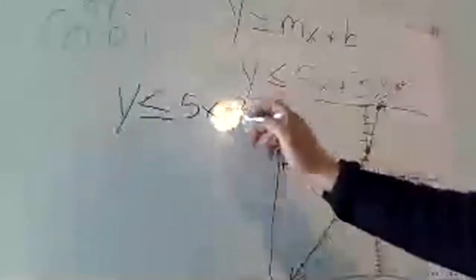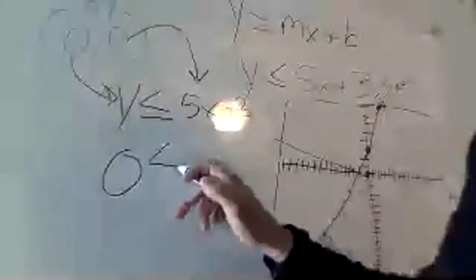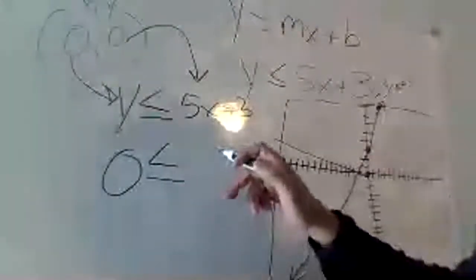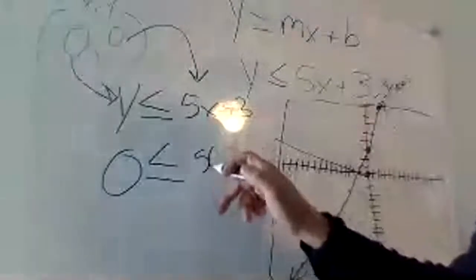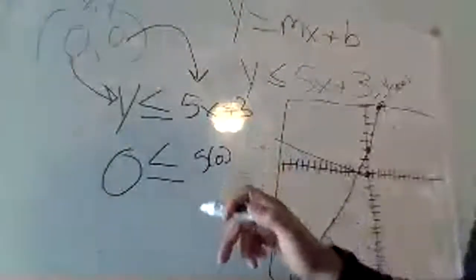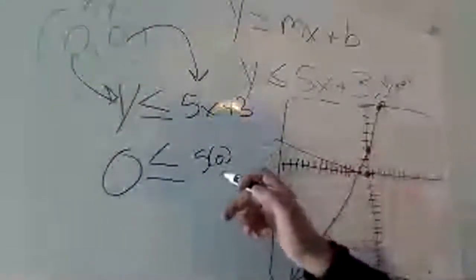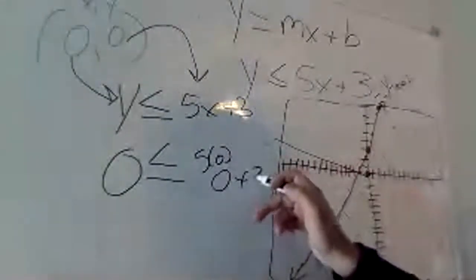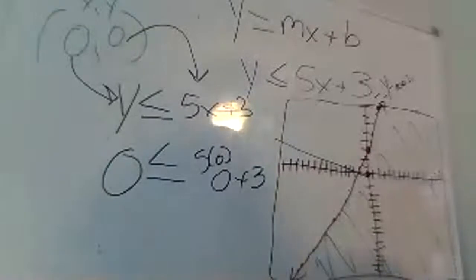So y is less than or equal to 5x plus 3. Well, let's put the 0 in for the y. Let's put the 0 in for the x. So 0 is less than or equal to, well, 5 times 0 is what? 0. 0 plus 3 is what? 3.